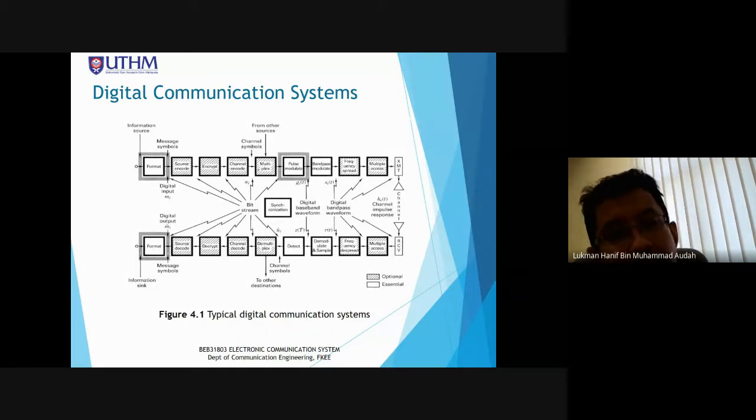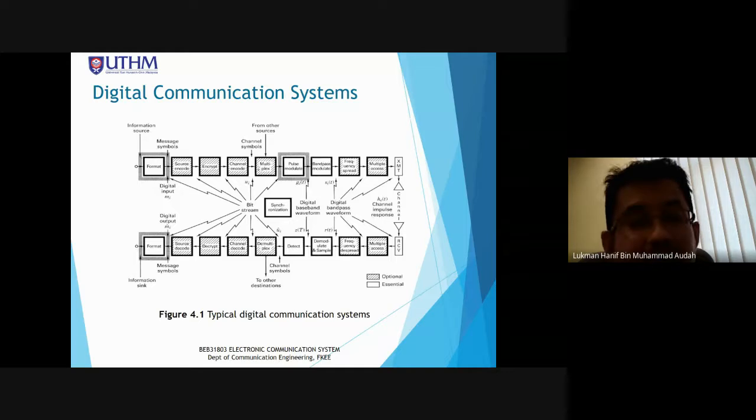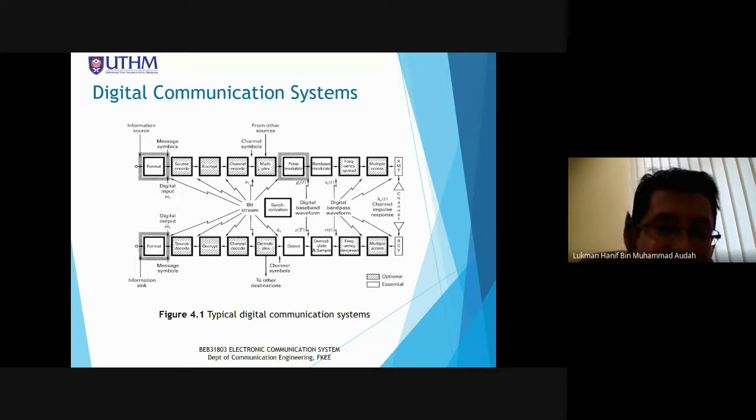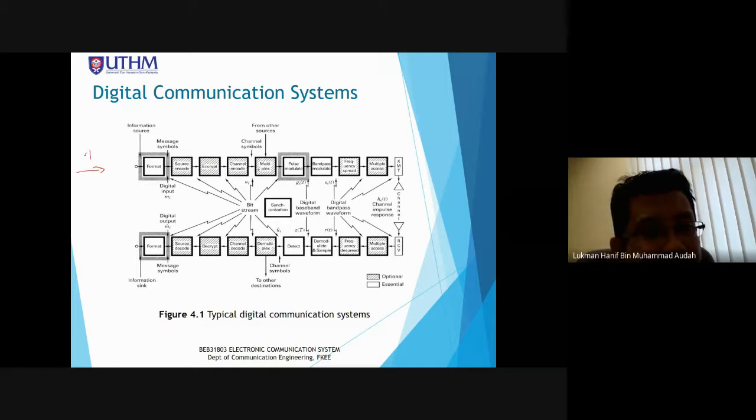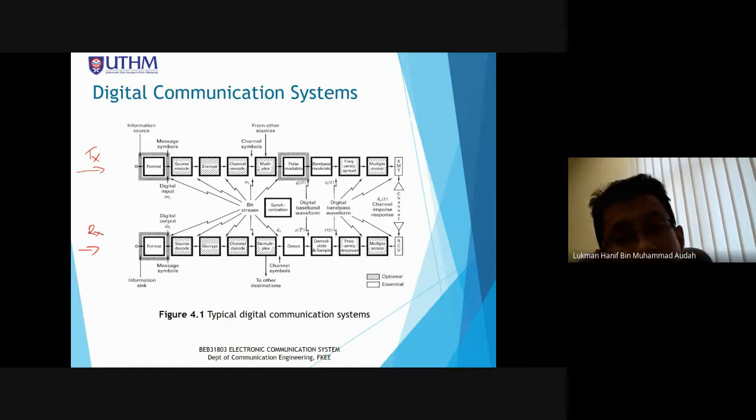Gambar ni adalah front page kepada buku Digital Communication by Bernard Scala. Gambar depan ni dia tunjuk macam ni: bahagian atas ni adalah transmitter, bahagian bawah ini adalah receiver. So ada banyak proses yang berlaku dalam transmitter dan dalam receiver.